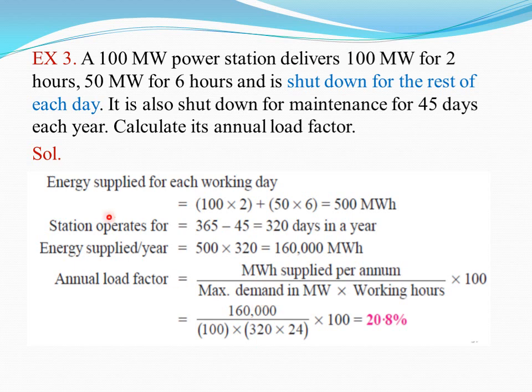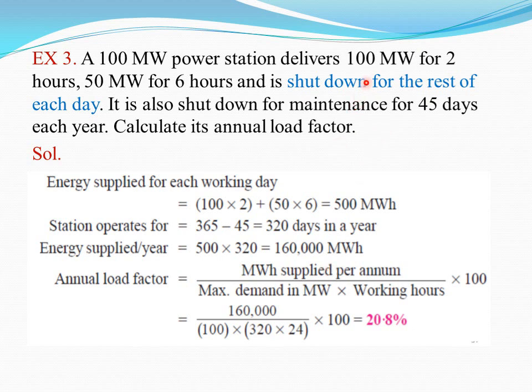Then the maximum demand. In the question the plant is 100 megawatt. You can take that; or if you see, out of 150 for the 2 hours, 100 is the maximum. So take the maximum demand as 100. Then comes the numerator part, the total number of units generated or the energy supplied per year. We have to calculate the units generated.